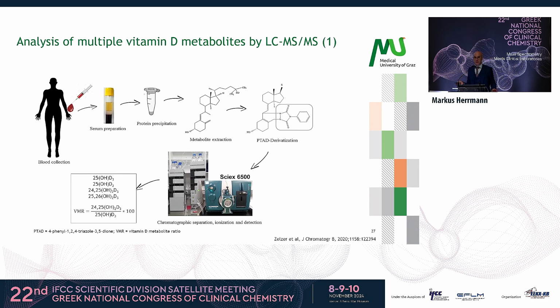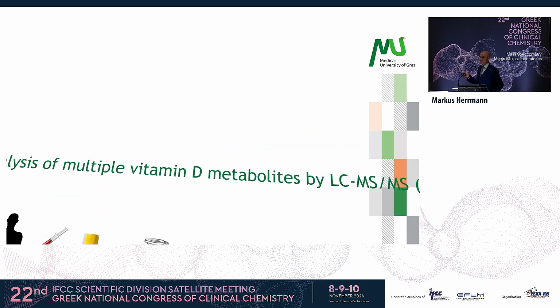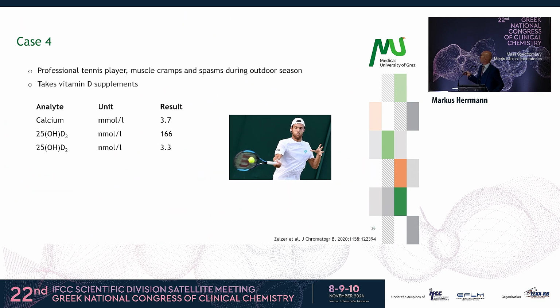Now, in our laboratory, as you can imagine, we have an LC-MS method established that simultaneously measures 24,25-dihydroxyvitamin D and 25-hydroxyvitamin D with good sensitivity, specificity, and imprecision. And what you can get out of such a method in your laboratory is nicely illustrated by the case of this professional tennis player.